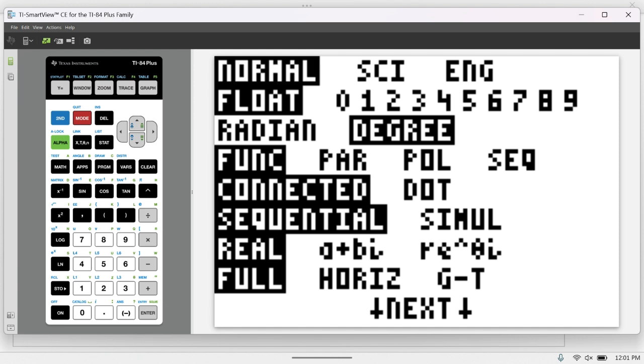Do you guys see, like 3 lines down, how it says radian degree? If degree is not the one that's highlighted, you use your arrow keys to scroll down until radian's blinking. Use the right arrow key until degree's blinking, and then hit enter to change it to degree mode.